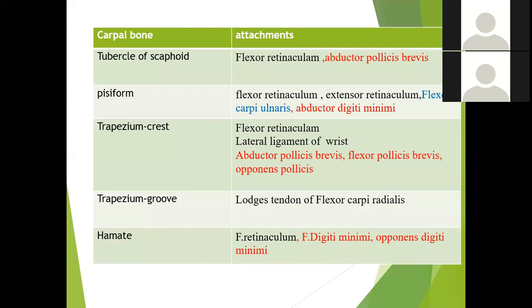So next we are coming for the muscles and other structures attached to the carpal bones. First we are coming for the scaphoid bone. So scaphoid bone has a tubercle, and this tubercle gives attachment for muscle and other structures. So you should imagine, when you see the wrist region, we can see the arrangement of two rows of carpal bones, and these structures are connected either side by a retinaculum anteriorly called the flexor retinaculum.